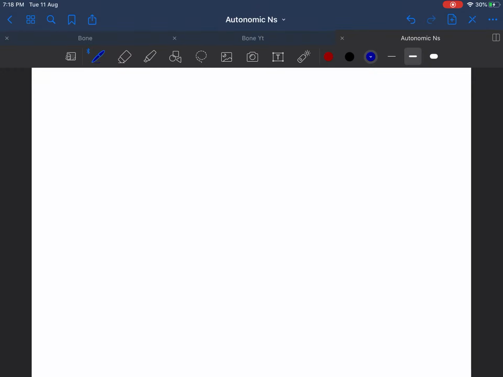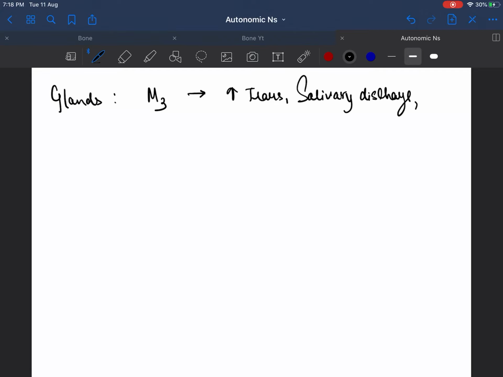Now let's learn something about the glands. At the glands, we have the M3 receptor, and what will it do? It will increase secretion of tears, the lacrimal fluid, the nasal fluid, the salivary discharge also increases, sweating also increases, etc. All of these increase.